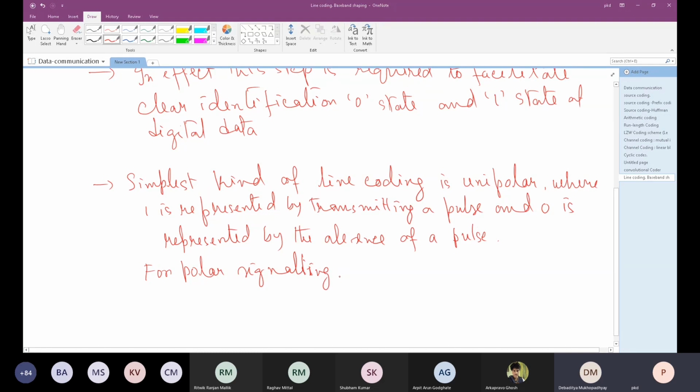For polar signaling, 0 and 1 are represented by two distinct levels.